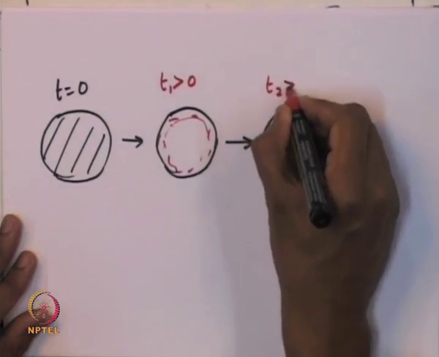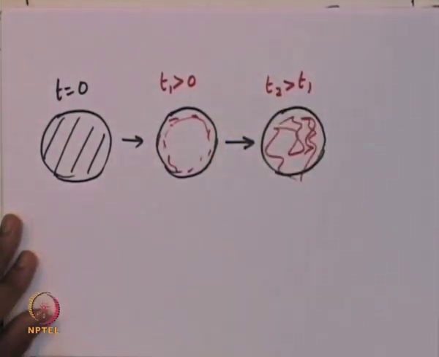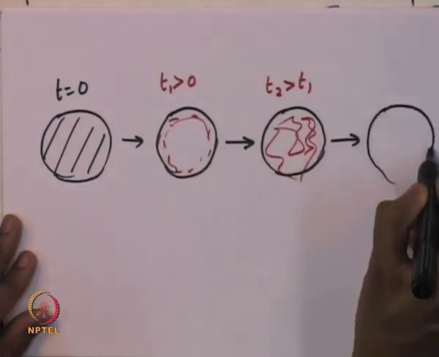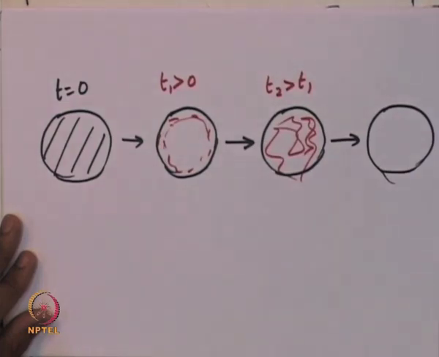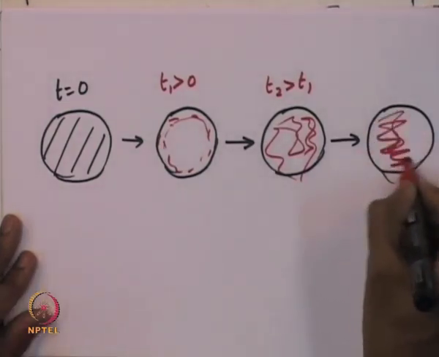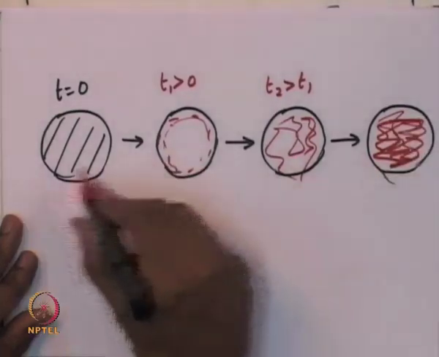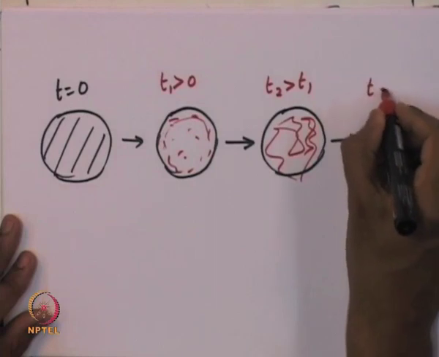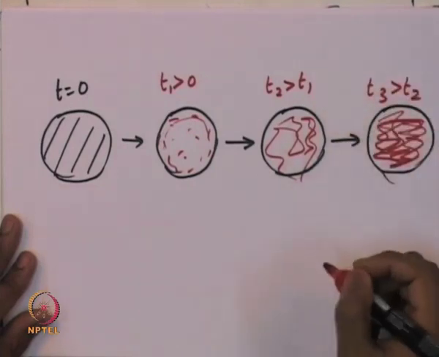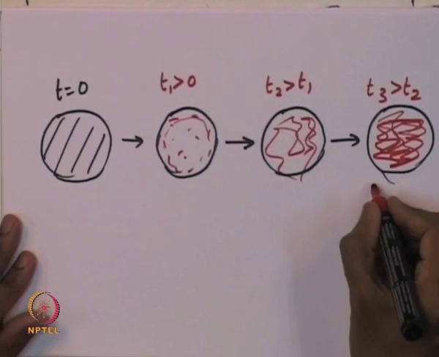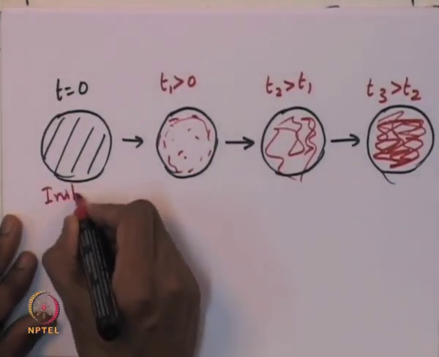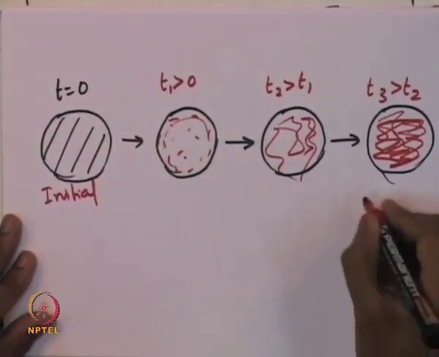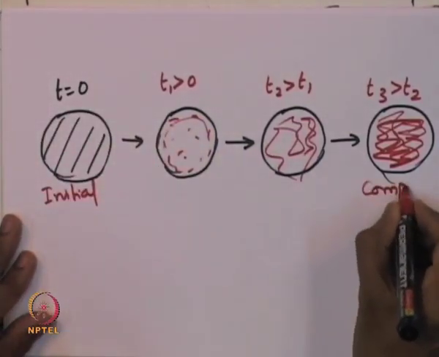So, this might be at t2 which is greater than t1, and then at a further later time most of the reactants which are actually present in the solid core have actually been reacted. Suppose the intensity of the red color here suggests the extent of reaction at different times, then at t3 which is greater than t2, one may assume that complete conversion has occurred. So, this might be the initial state when the solid is present everywhere in the core, and this is when the complete conversion has occurred.